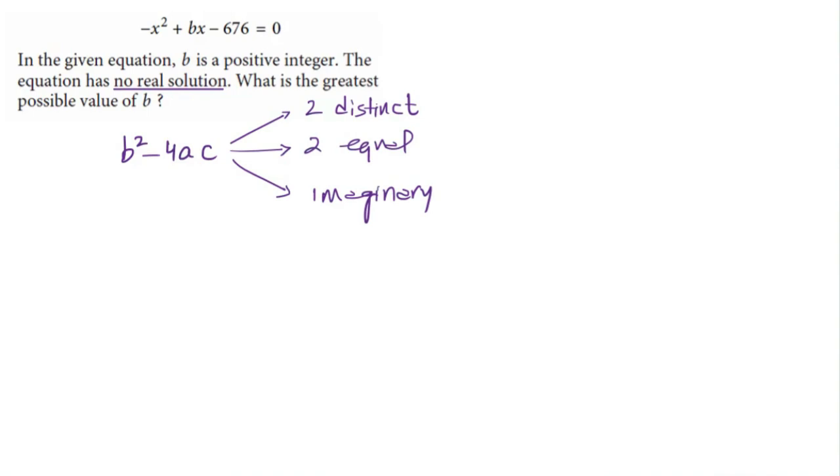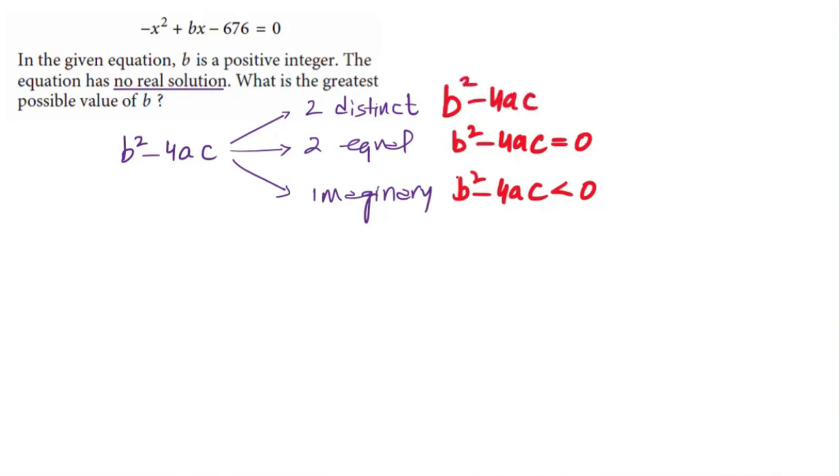For no real solution, your b squared minus 4ac value is always less than 0. For equal roots, b squared minus 4ac will be equal to 0. And for distinct roots, b squared minus 4ac will be greater than 0. So take notes on that and take out some time to watch the other video that I'm mentioning. It's all about the discriminant and how it helps us find the nature of roots of a quadratic equation.